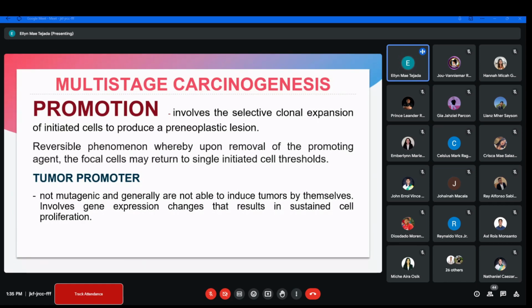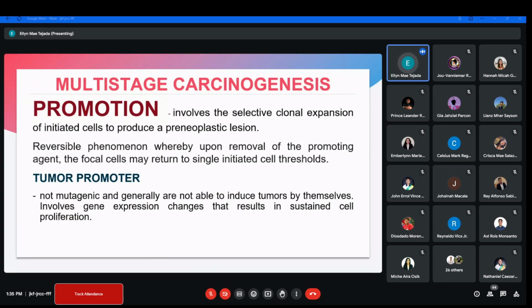Now, this is usually a transient effect, and with repeated applications of the tumor promoter, only the initiated cells continue to clonally expand and divide. Now, these tumor promoters in general show organ-specific effects. So, naa siya specification.